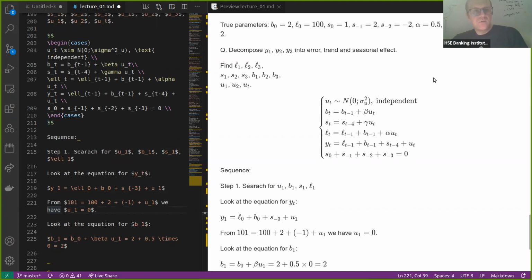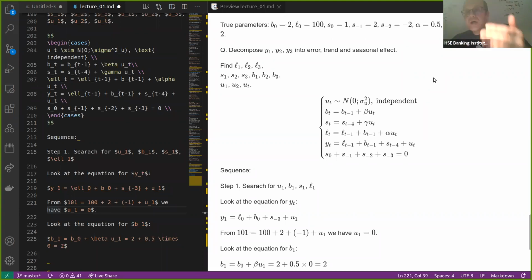Who has found L1 and S1? Yeah, we just plug into equations.